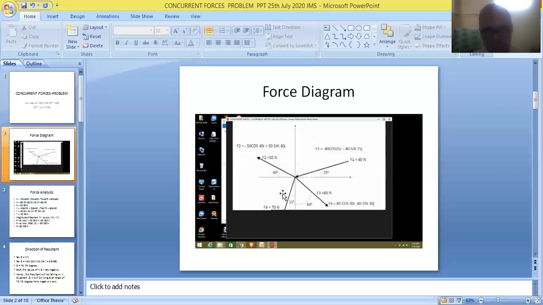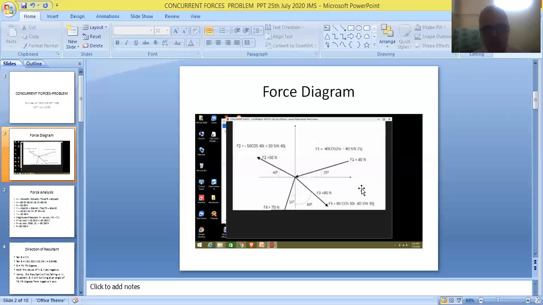So these values are very important. So we have talked about the directions of each and every force. We have talked about the directions of horizontal and vertical components. And now, we have noted down the values of horizontal and vertical components of all these forces.